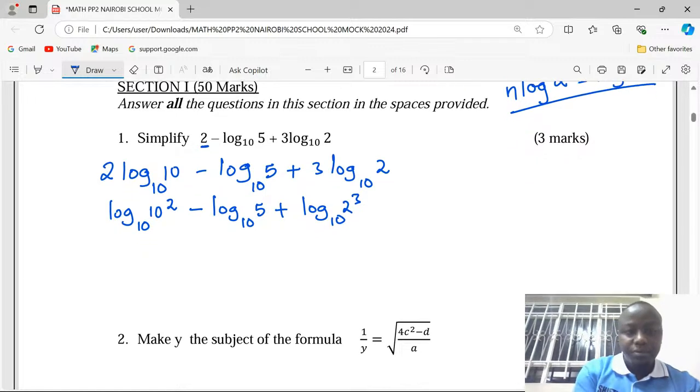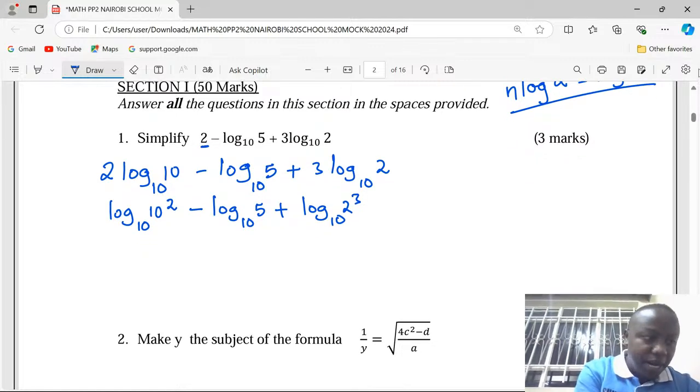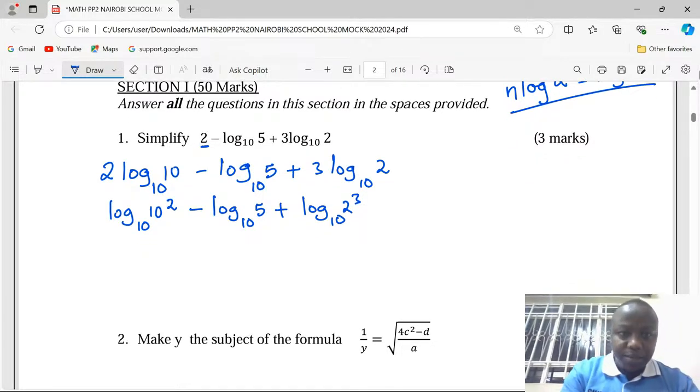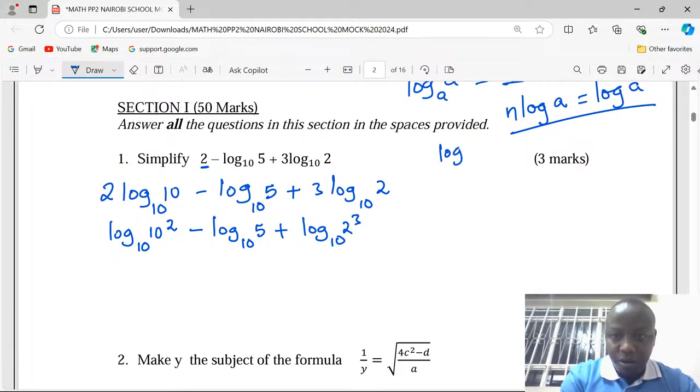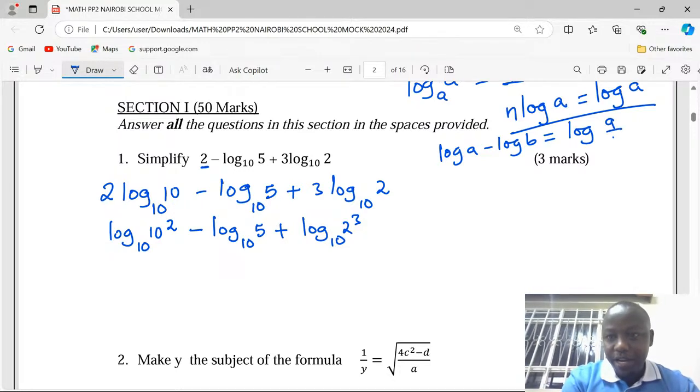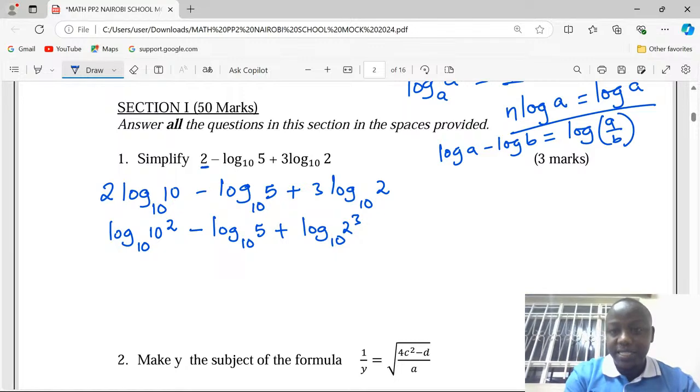At that point, we can apply the addition and subtraction laws of logarithms, whereby the log of a minus the log of b is the log of a divided by b, as long as the base is the same.